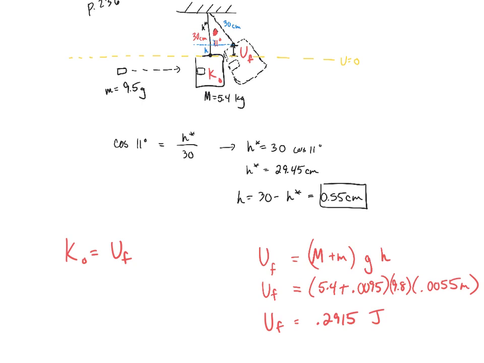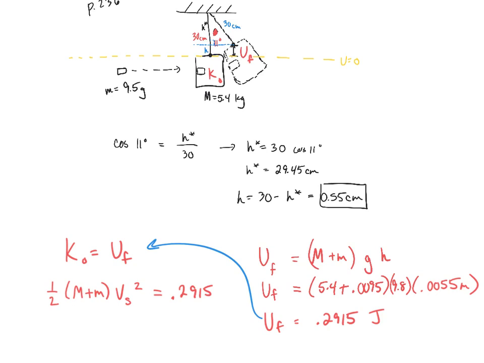So K0 at that point is 1/2 (M plus m) v of the system squared. And that equals 0.2915. This allows me to solve for the velocity of the system when it is about to impact the actual block.